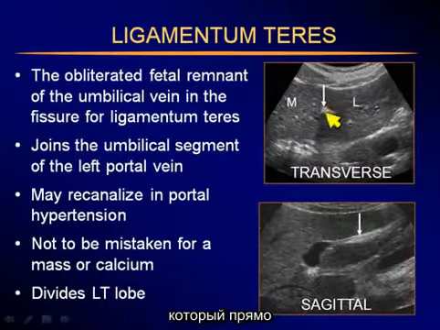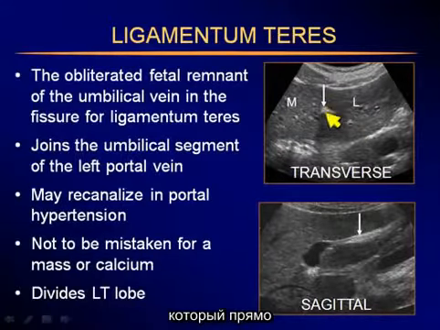The fetal umbilical vein came into the umbilical segment of the left portal vein. We can see this when we cut the liver sagittally at this precise level.